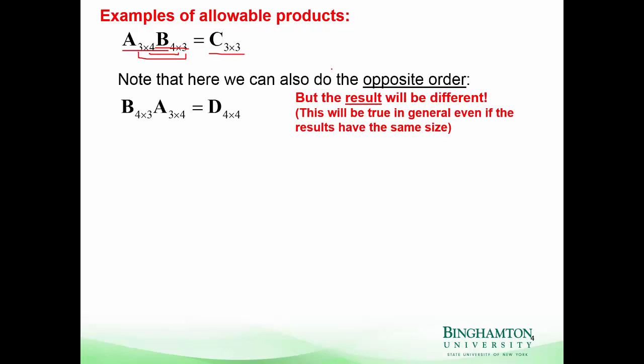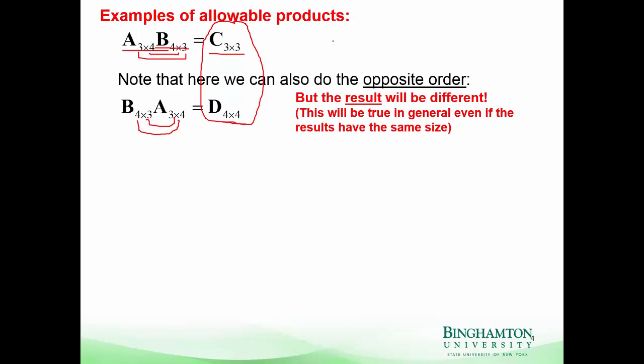Now, for this particular example, it's possible to interchange the order and we can still do multiplication. That's because when we interchange them, the new insides still match, so we can do the multiplication. The new outsides are now 4 by 4, so the result will be a 4 by 4 matrix. And we can already see that since those are two different size matrices, they cannot be equal to each other.